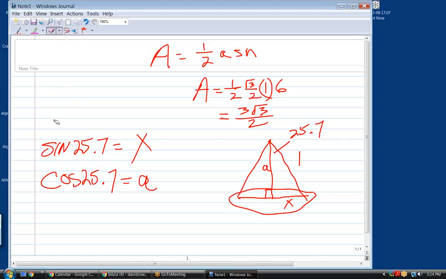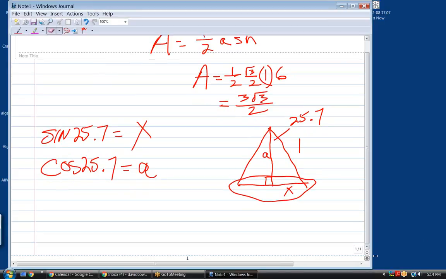All right. Let me see if I can find a problem that mixes it up a little bit more than that. Okay, a regular dodecagon. Let me write the details down here.